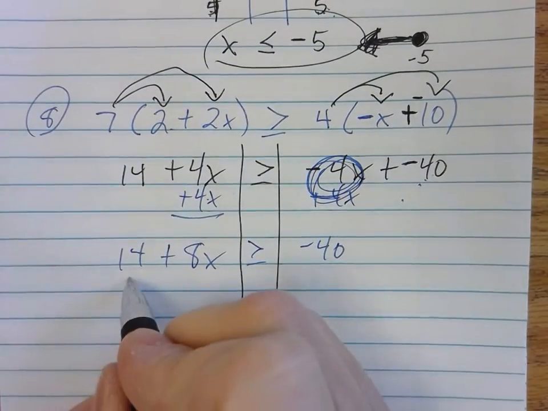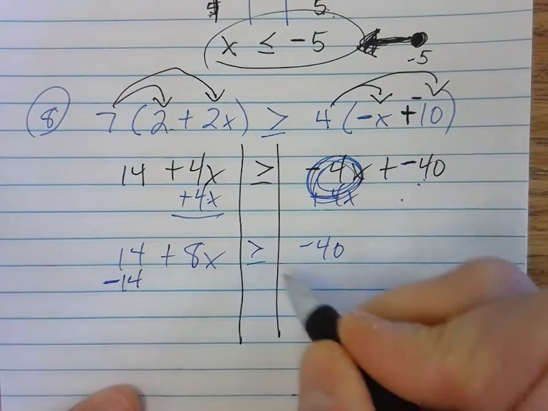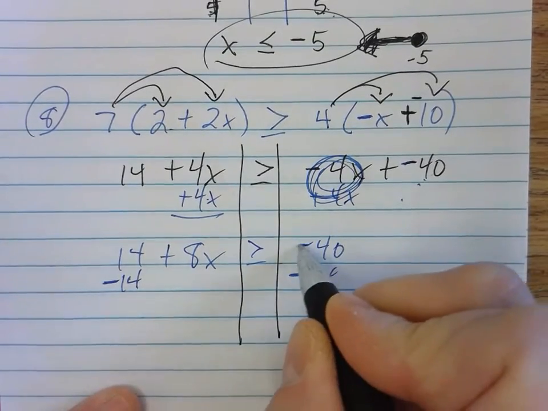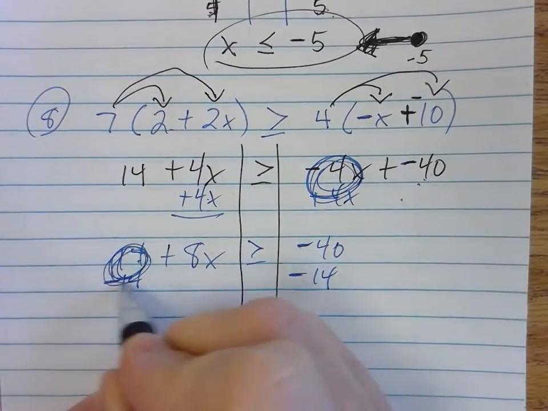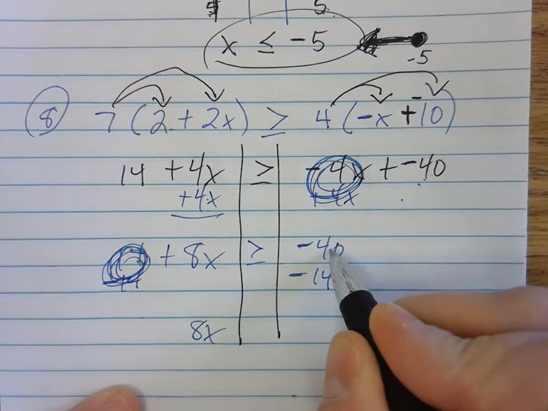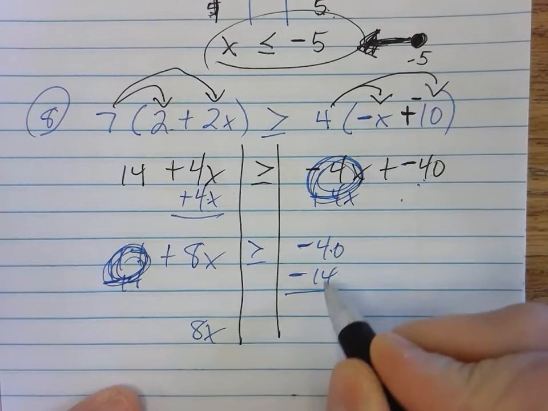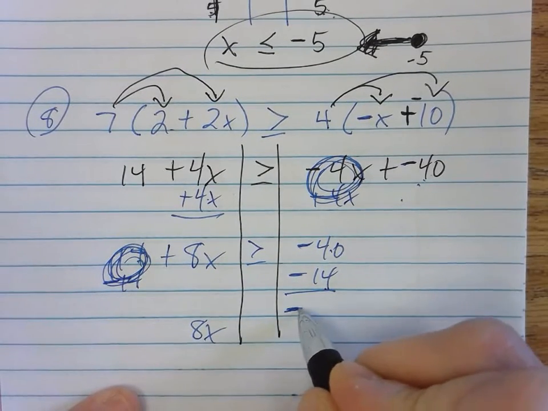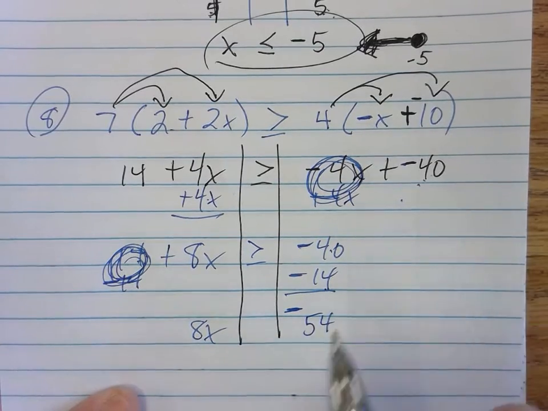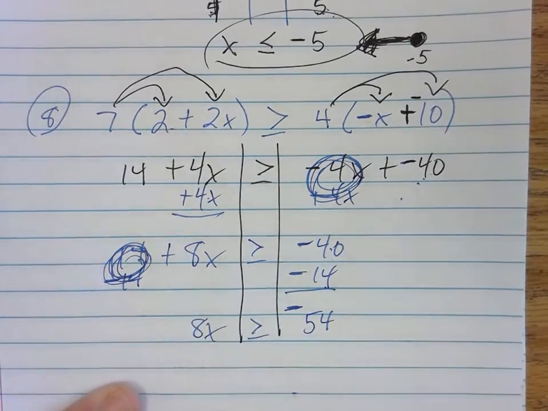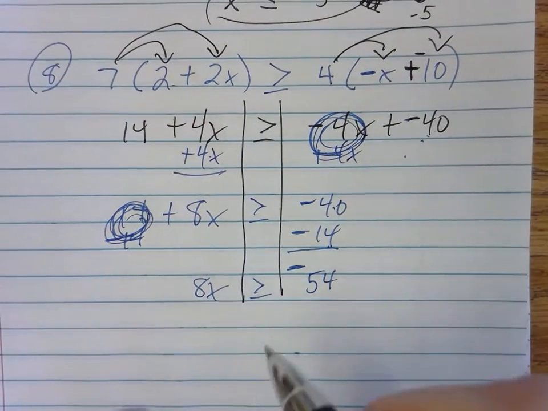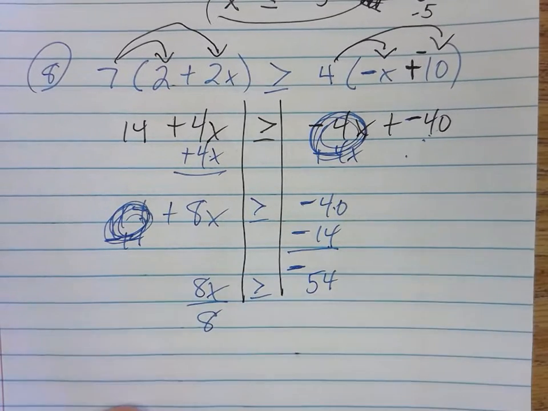All right, got to get rid of the constant, so you subtract 14 on the left, subtract 14 on the right. These 14s make a 0 pair. A negative plus a negative, they've got the same sign. You want to add them together. That would be negative 54, and you just keep your sign there, which again is greater than or equal to. Last step, of course, is divide by 8.